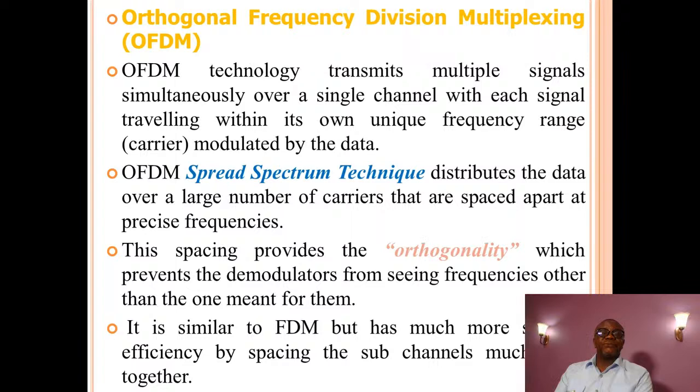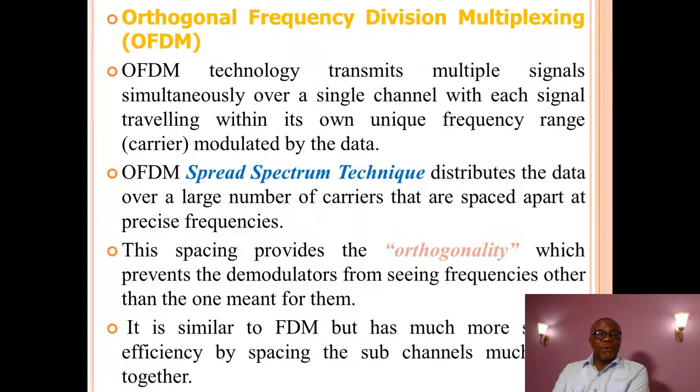So we have the other one, which we call orthogonal frequency division multiplexing. Now, let's quickly look at it. The OFDM, this orthogonal frequency division multiplexing, you will not always see written in full. You will only be seeing OFDM. OFDM transmits multiple signals simultaneously over a single channel, with each signal traveling within its own unique frequency range, modulated by the data that is to be delivered.